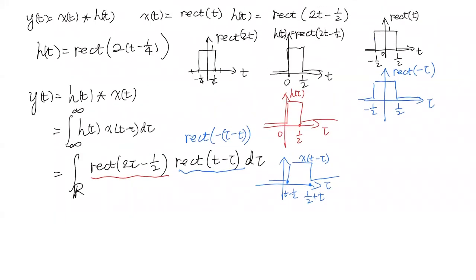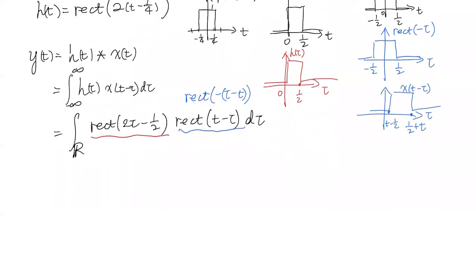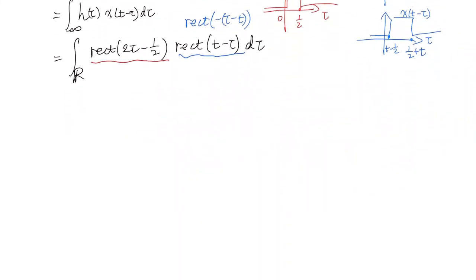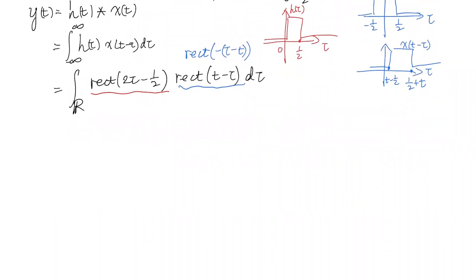For the sake of clarity, I move things back. Now, let's discuss different cases, which we call different subintervals. Let's say this is our x and this is our 0 to half. In the first case, they have no overlap.